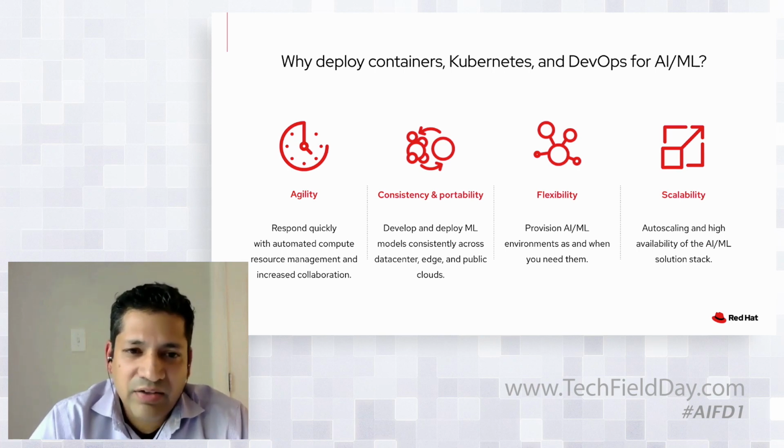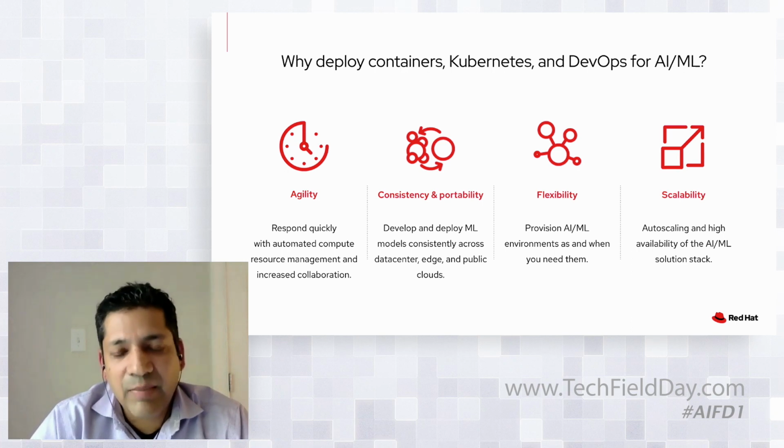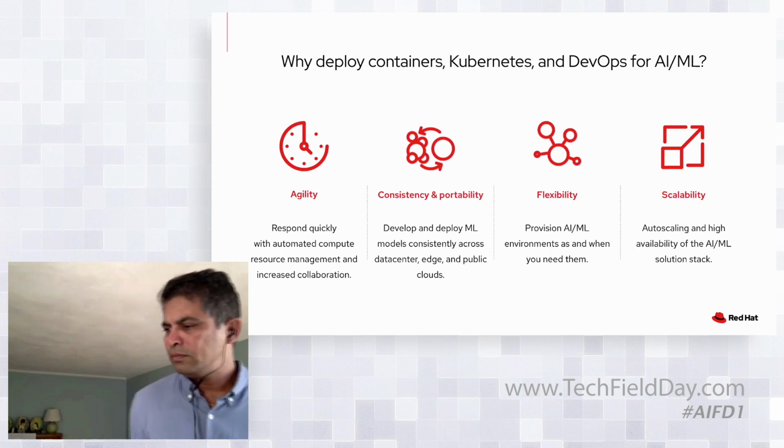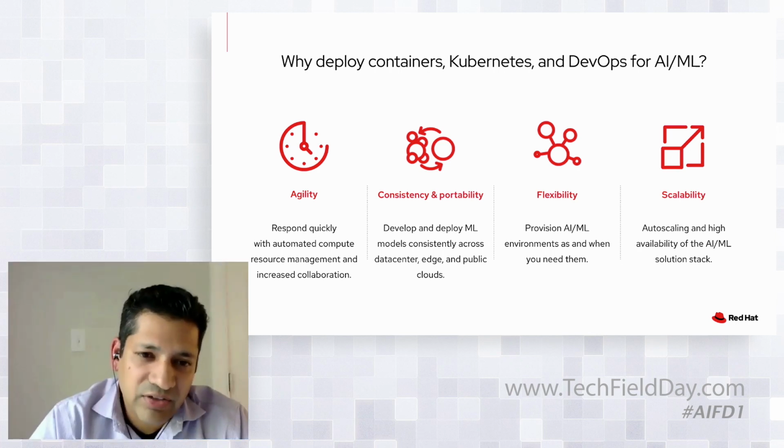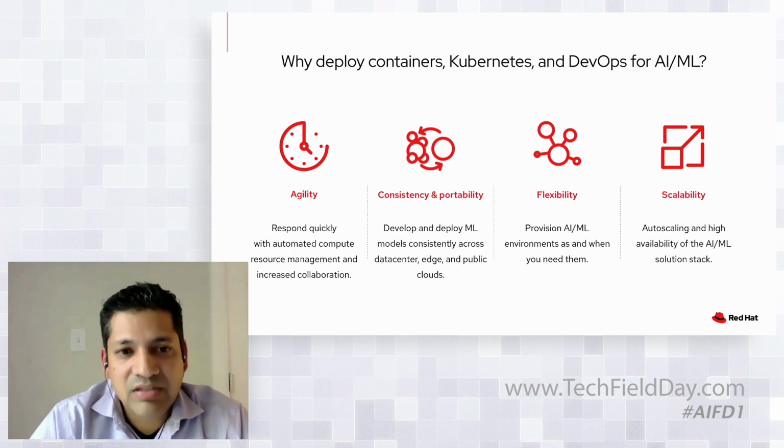And then the consistency value is, say I have a distributed architecture where my data gets generated on the edge locations. Then I may do the data engineering and the model training on premises or in the cloud, and also the app dev. But at the same time, the inferencing is going to happen on the edge. So in that case, I have that consistency as well.